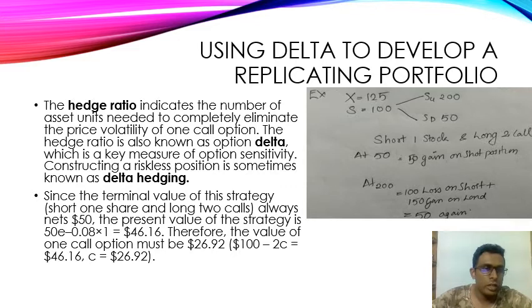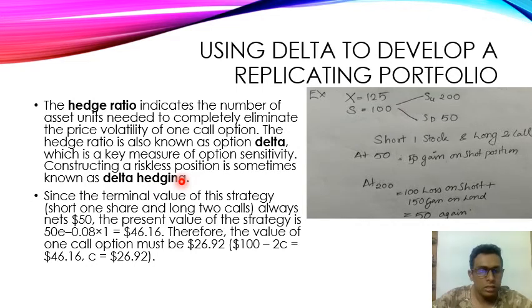Hedge ratio indicates the number of asset units needed to completely eliminate the price volatility of one call option. It means the number of assets, meaning stock or bonds or whatever it is, needed to completely eliminate the price volatility of one single option. The hedge ratio is also known as delta, and constructing a riskless position is sometimes known as delta hedging.